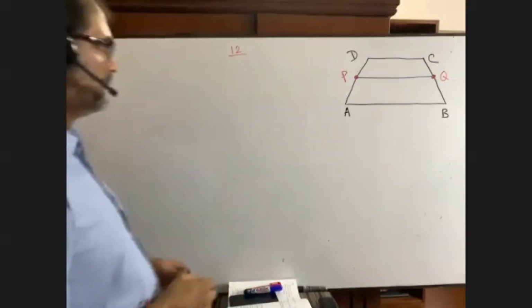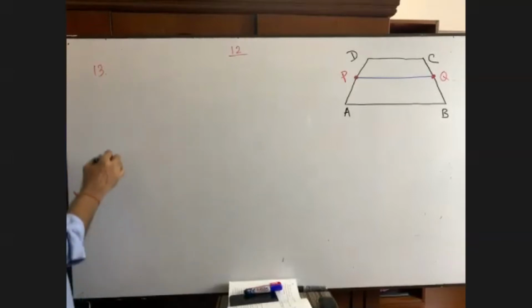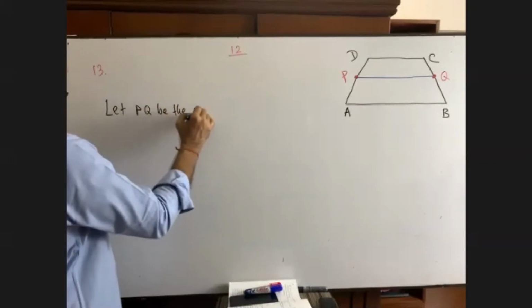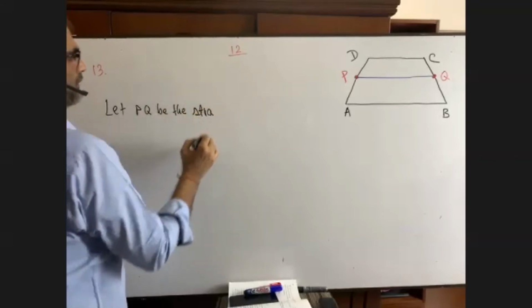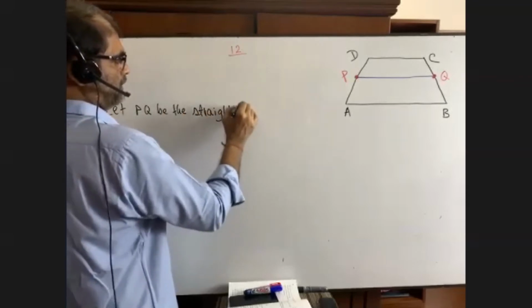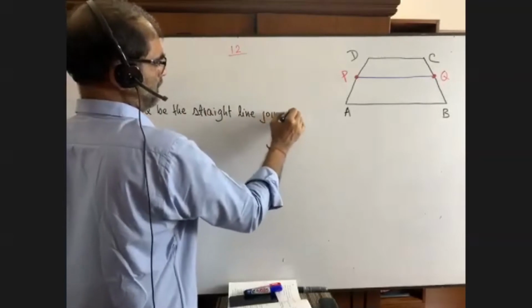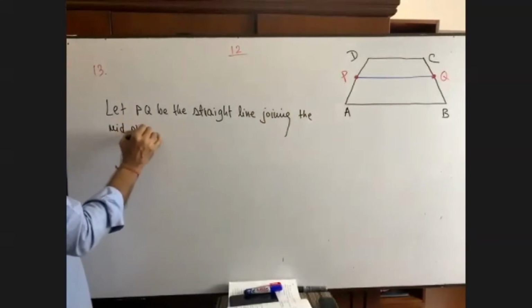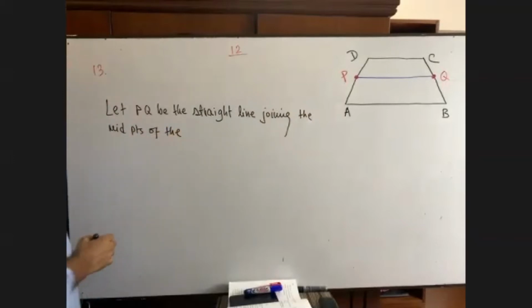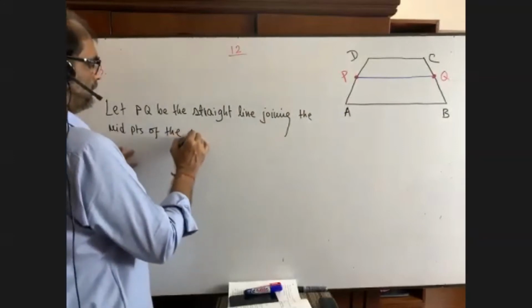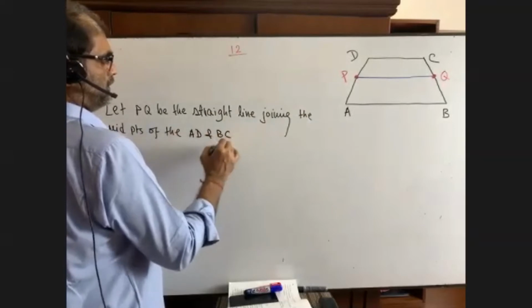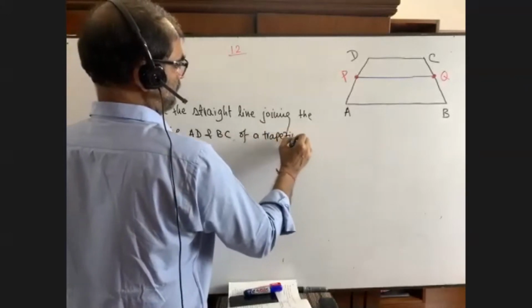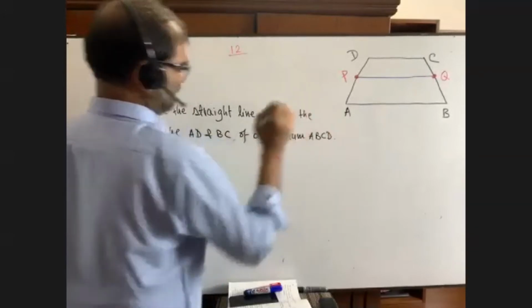Write down the enunciation. Let PQ be the straight line joining the midpoints of the non-parallel sides of a trapezium ABCD.